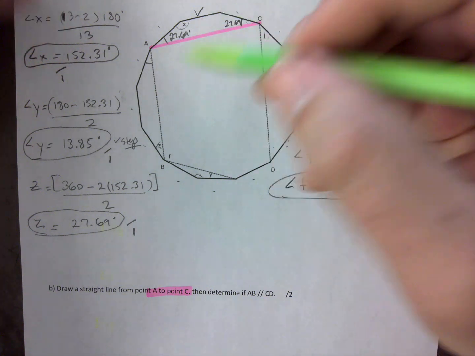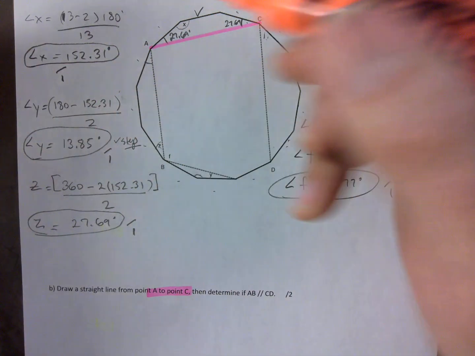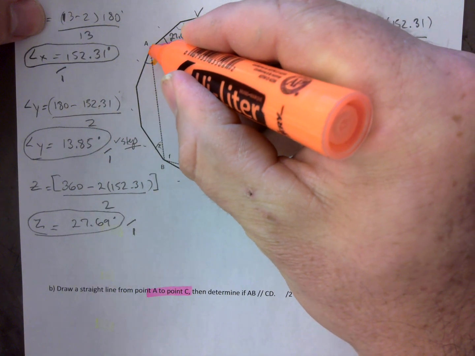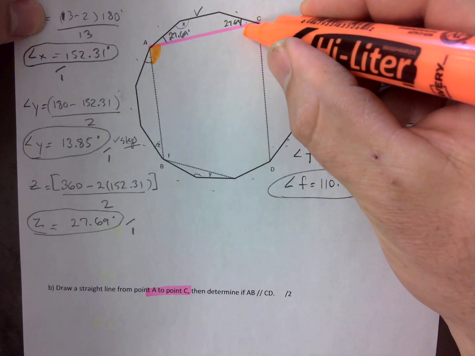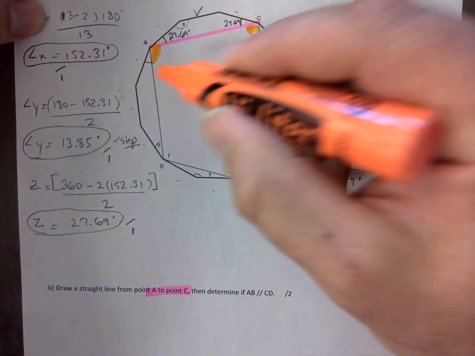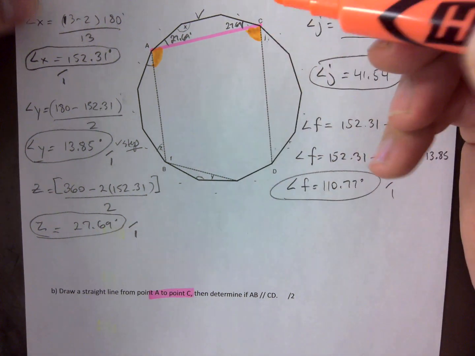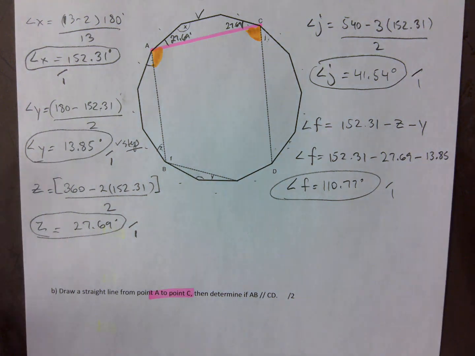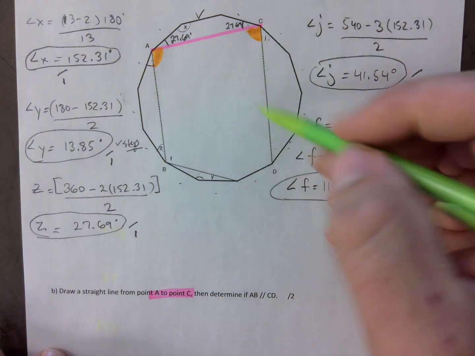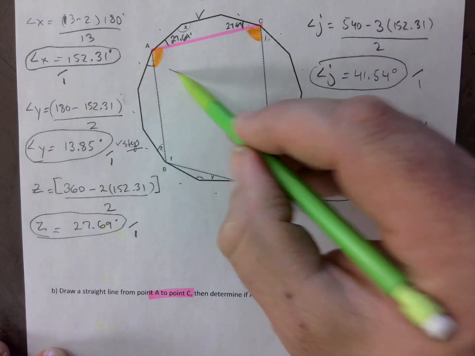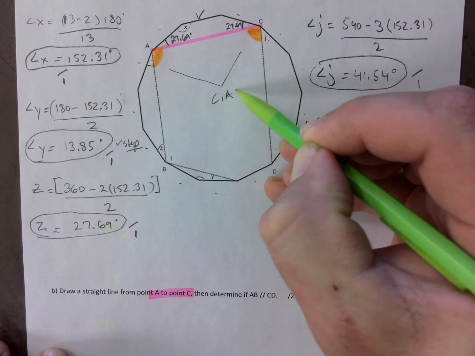What I'm going to attempt to do is find this angle and this angle, and we know that these two are CIAs, correct? So that's going to be my attempt at showing whether or not these lines are parallel. So these are CIAs.